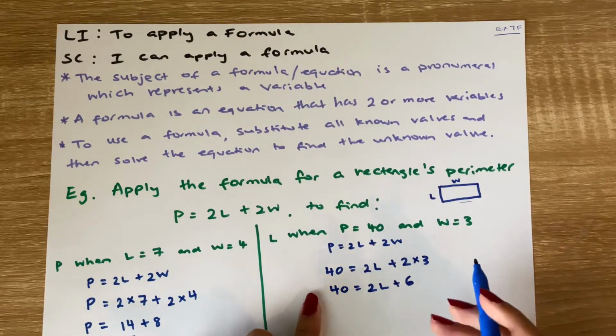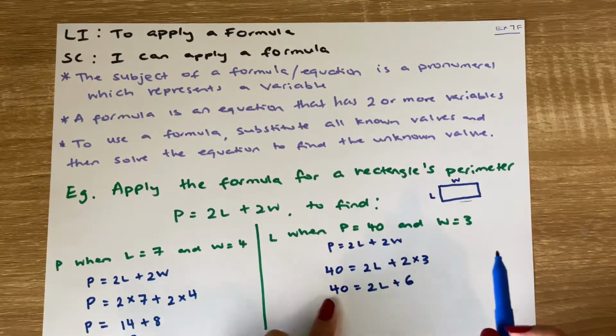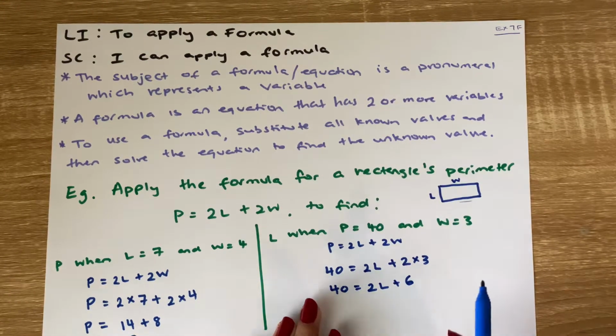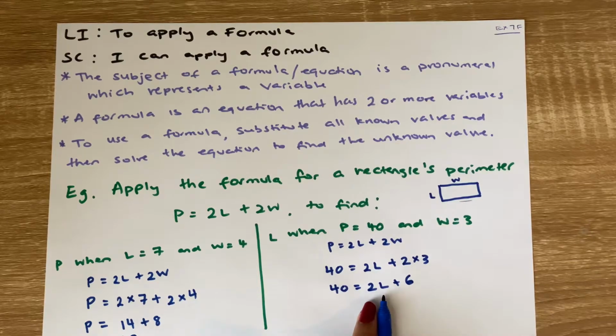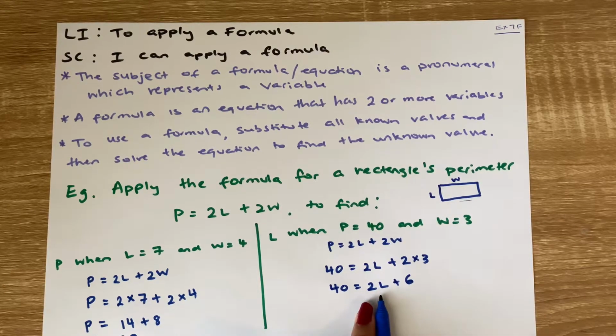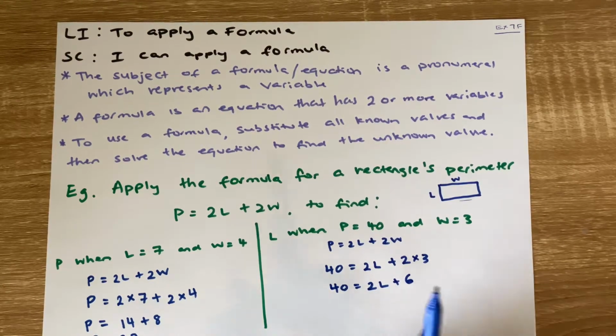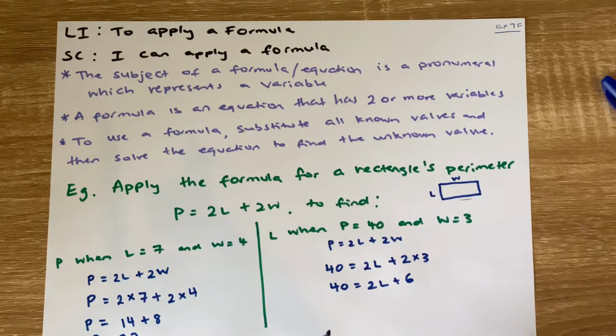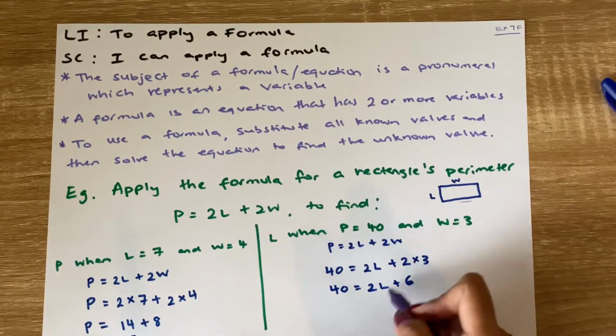Now remember, in working this out, I want to try to get my letter on one side and my number on the other. So I'm going to look at what's not with my letter. With 2L, the 6 is not with it. So we're going to have to get rid of that 6. To move it to the other side, we have to do the opposite.